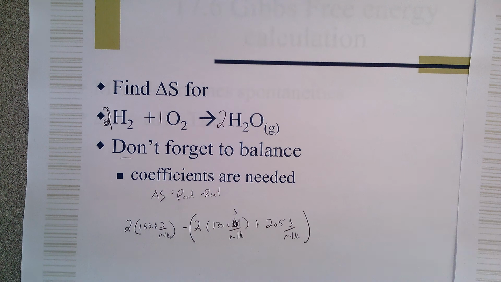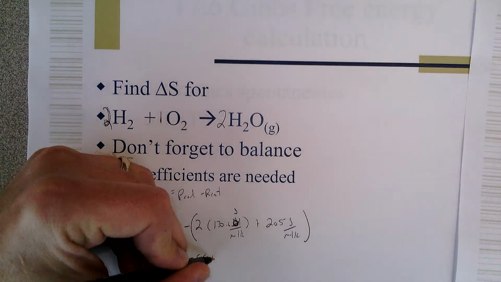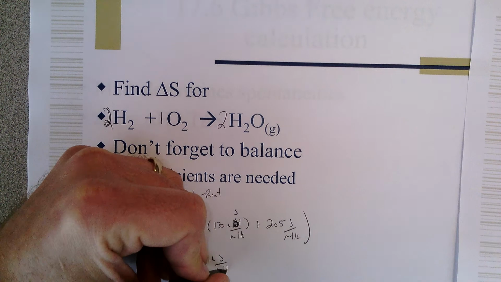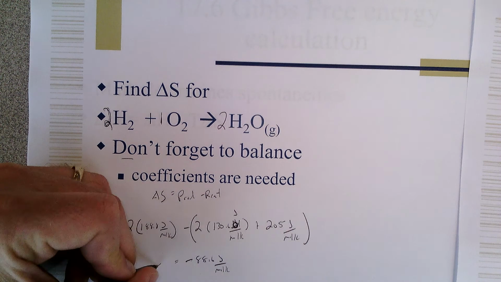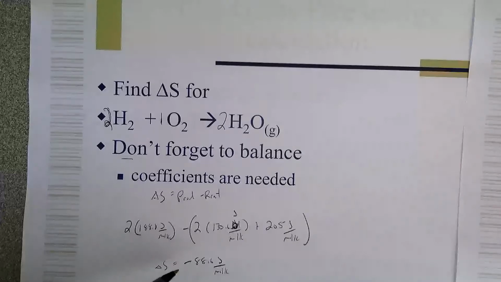When we do that, we end up with a negative 88.6 joules per mole Kelvin. So that's my delta S. That tells me it is getting less disordered, more ordered, because we went from 3 gases to 2 gases, not a massive change, but a change.